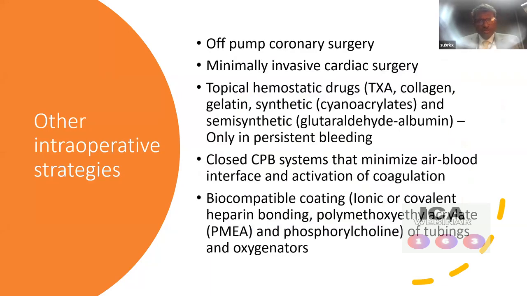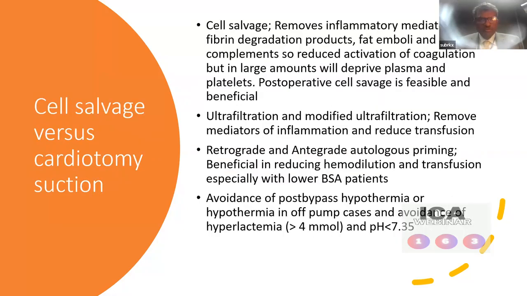Other strategies include you can do an off-pump coronary surgery or minimally invasive coronary surgery. The topical drugs, closed CPB system, like a minimally invasive system, or biocompatible coating of the circuits and tubings can also reduce the activation of the coagulation factors during surgery.